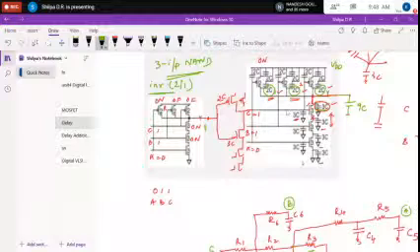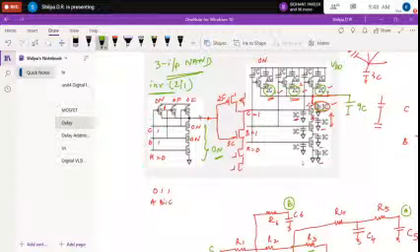If all these are on, then only I can calculate the worst case. So in this particular scenario, with 0, 1, 1, there is no fall time. You cannot directly calculate the fall time because there is no VDD to ground path, since one device is off. You can't consider this as a worst case.